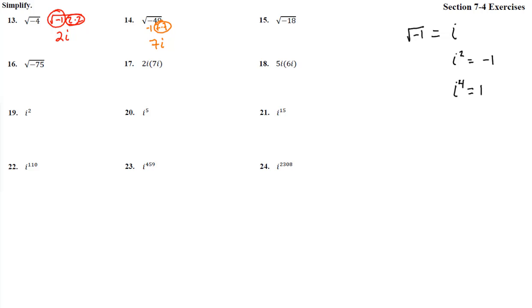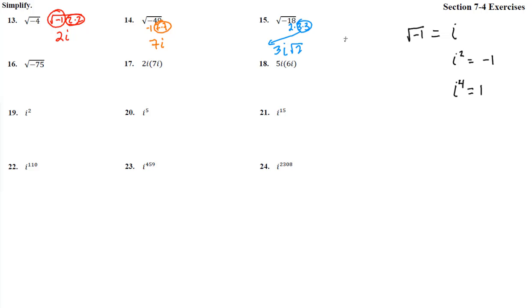All right, the next one, number 15. Square root of -18. So 18 doesn't come out nice, and this is 2 times 3 times 3. So the 3 comes out of the square root sign, so this is 3. The -1 comes out, so that's an i, and then the 2 has to stay. So it's 3i square roots of 2.